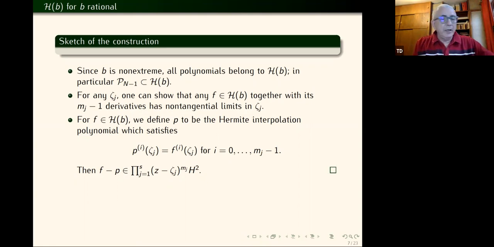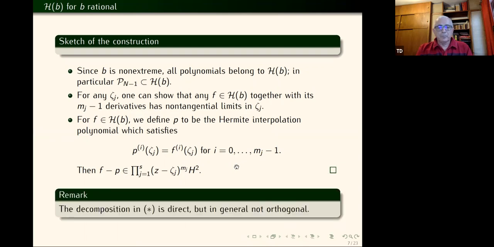We just interpolate these values by a polynomial, and then one can easily see that the difference is exactly in the space of the product of (z - ζ_j)^{m_j} times H². And of course, you have to be careful to prove also the thing with the norm, but this is the idea of the construction.